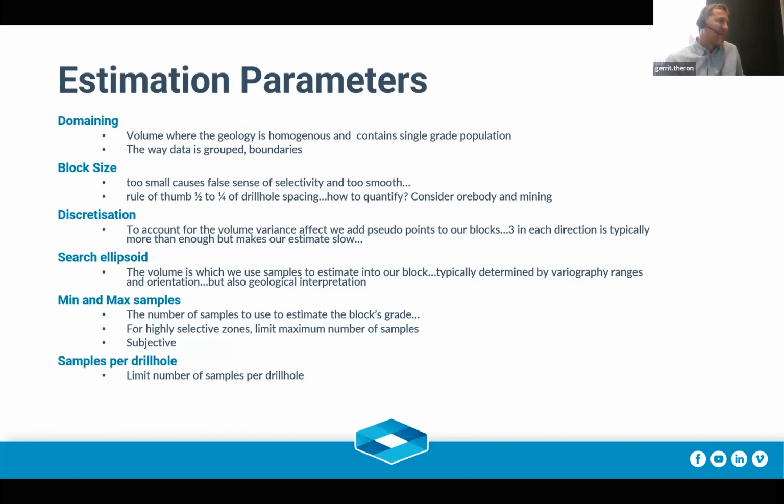Then the search ellipsoid. That's the area or the volume in which we select our samples to estimate into our block. Those are typically determined by our variogram ranges. So depending on if you've got an anisotropic or isotropic variogram, you might have different distances and different directions.